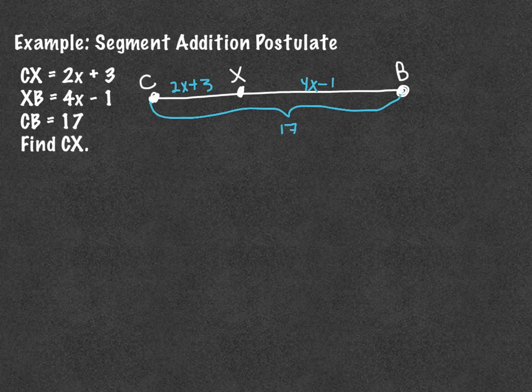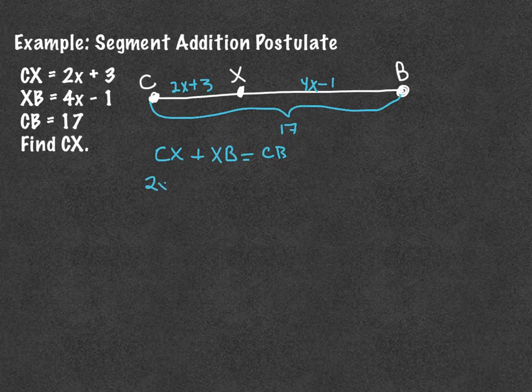So what are we going to do? Small segment plus small segment equals big segment. CX plus XB equals the whole segment CB. So that would be 2x plus 3 plus XB is 4x minus 1 equals CB, which is 17.